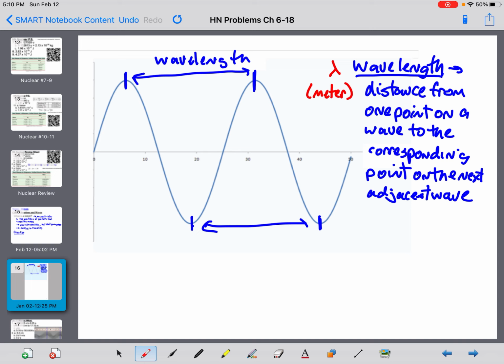We can also talk about the height of a wave, or that distance from equilibrium out to maximum displacement, and that's known as the amplitude.